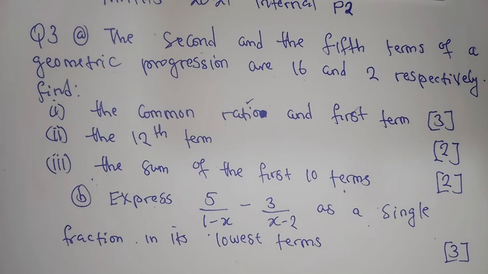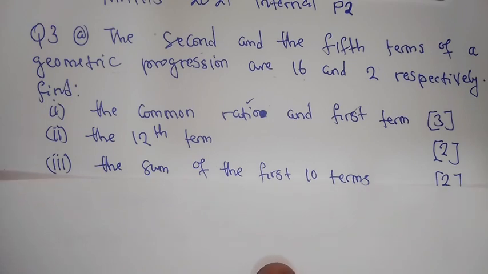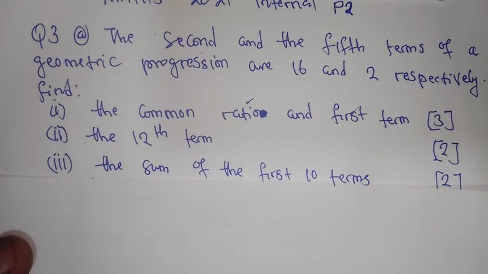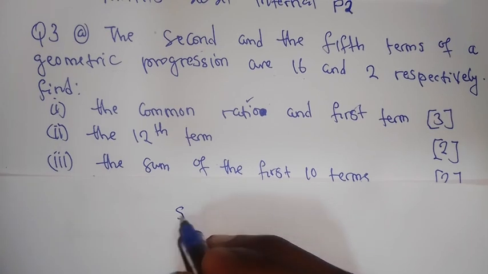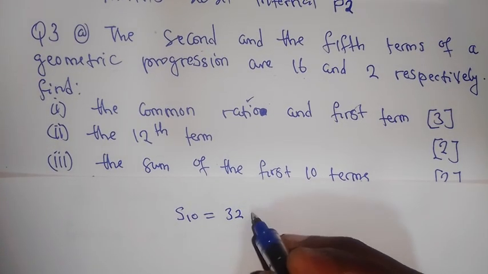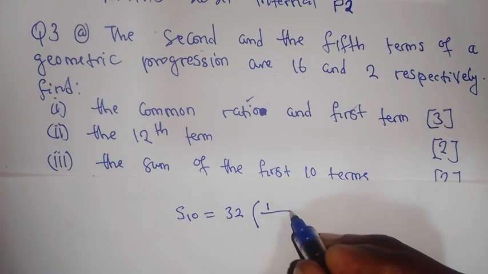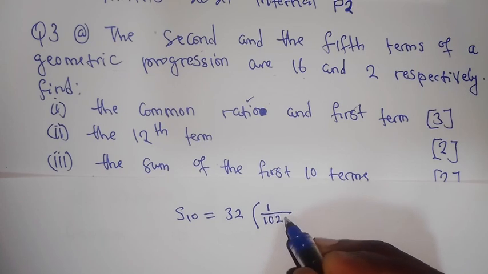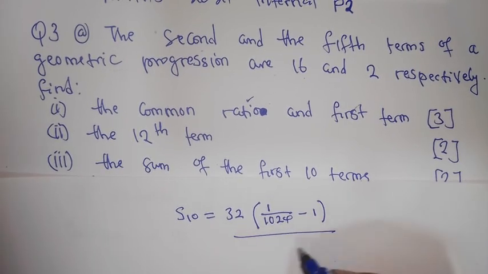Let me just use another paper. So we're saying that S10 is equal to 32, open the bracket. Once you evaluate inside here, you're going to have 10 to 4, then minus 1, divide by negative half.